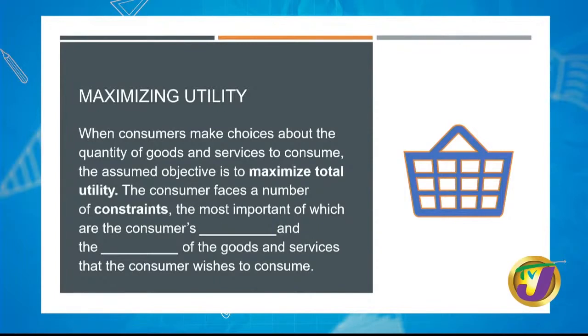And then you might think, okay, how much money do I have? So the first blank there is the consumer's income, and the second is the price of the goods. You are restricted in terms of how much you can do because you have a limited amount of money, you can't just spend an infinite sum of money. You are constrained by your income.